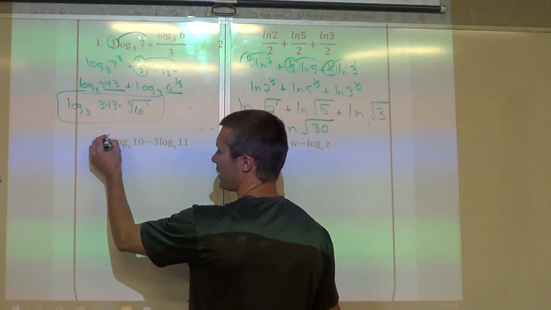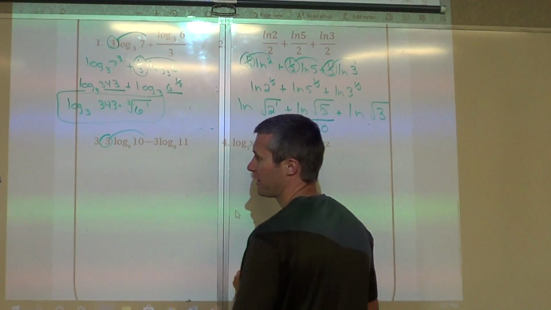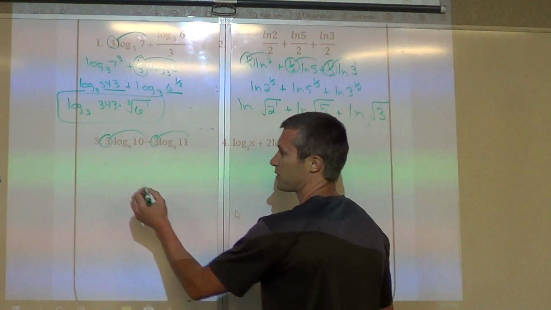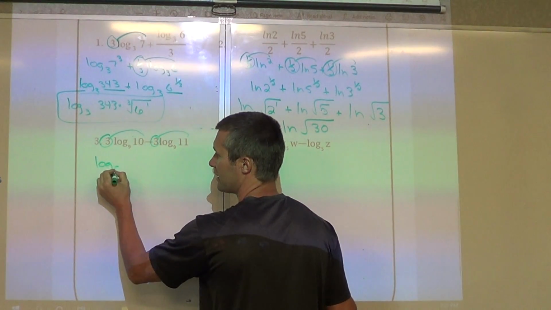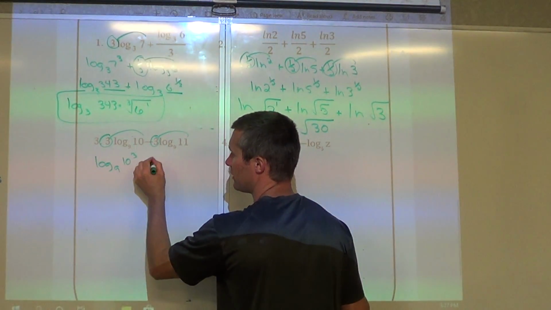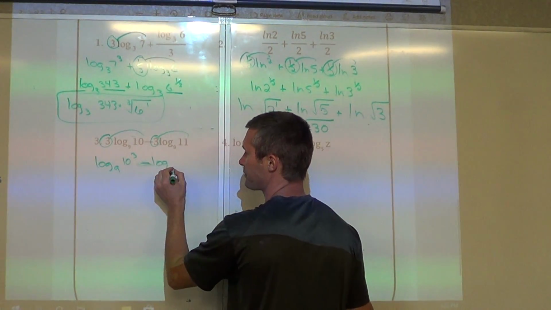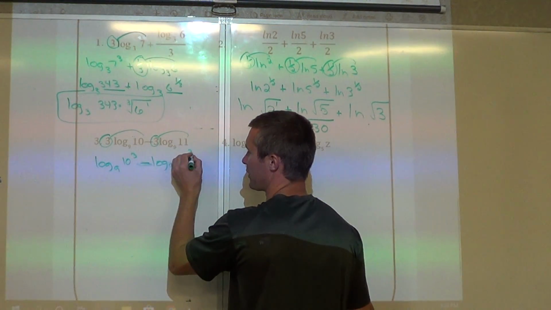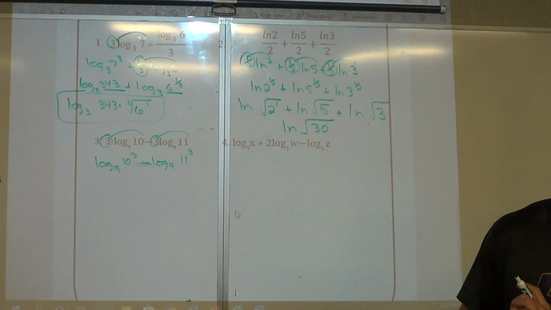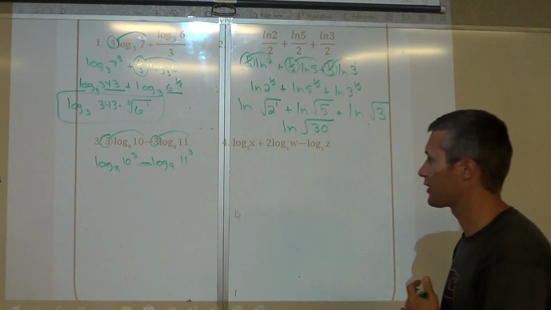Coming through and simplifying these last couple ones, that would be 10 to the 3rd power. This would be 3. Those would be my exponents. I'd say it's log base 9 of 10 to the 3rd power minus log base 9 of 11 to the 3rd power. So 11 to the 3rd power is 1331.